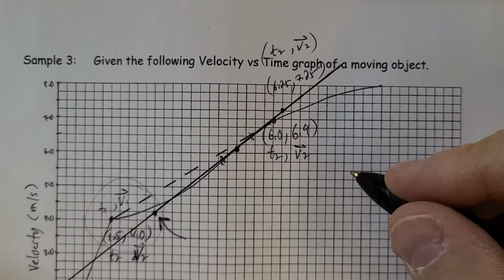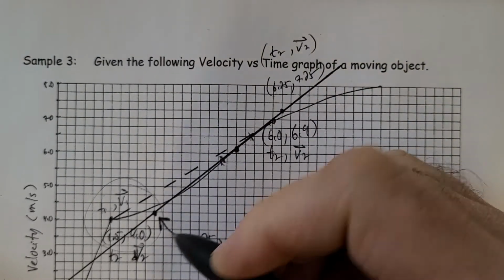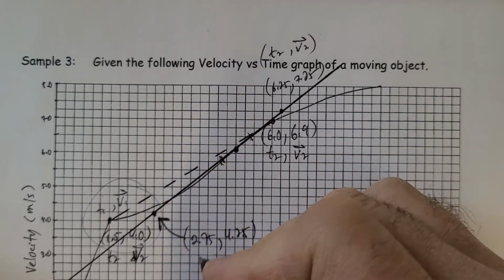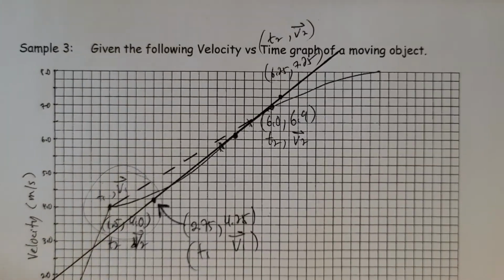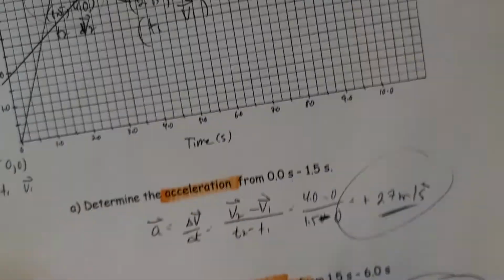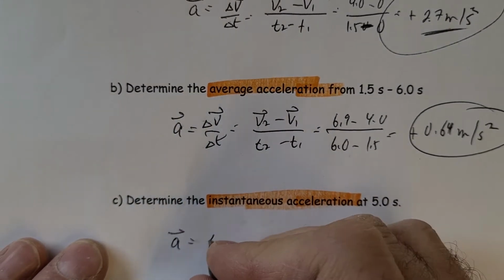It's where two lines meet. So that's going to be 2.75, comma, 4.25. So that's going to be my T1, V1 point. Okay, so finding points that you can easily read, that's the key for this last part. So the calculation is similar though, it's just how we get those 2 points that changes.